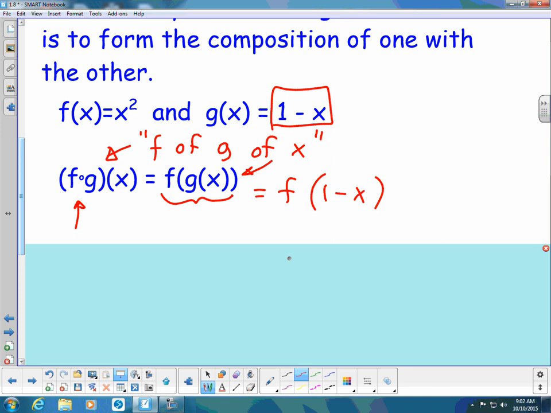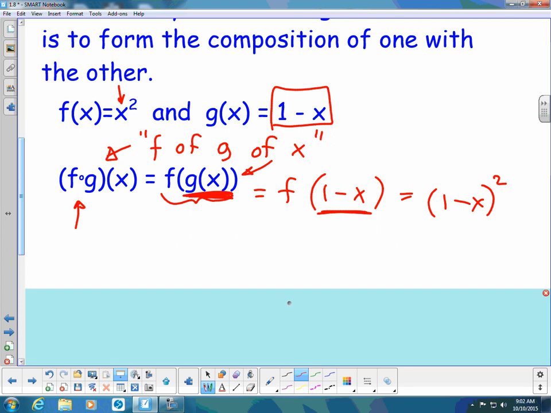I plug 1 minus x into the f function where I see an x, so I have 1 minus x quantity squared. Using FOIL, 1 minus x times 1 minus x is 1 minus 2x plus x squared as my function f of g of x.